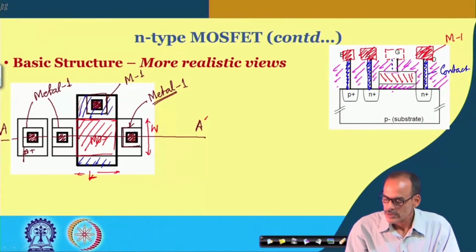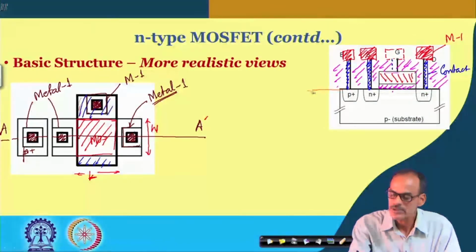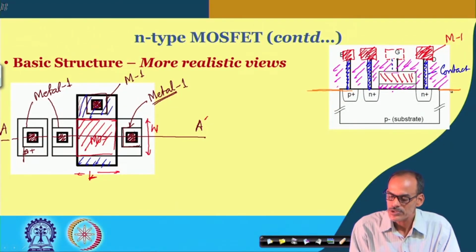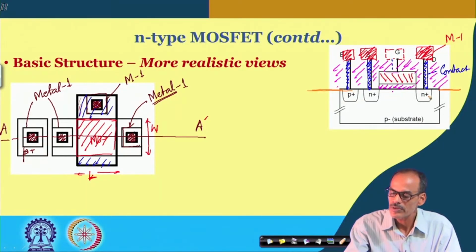In fact, beyond this device, which is part of a relatively bigger system in an integrated circuit, we have many more devices. This is the top surface of the substrate, and then we have different devices, and on top of that we have the contacts and metals to make the connection, and everywhere silicon dioxide is there to isolate the devices above the surface.